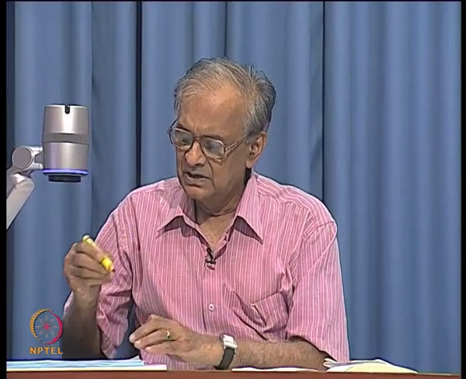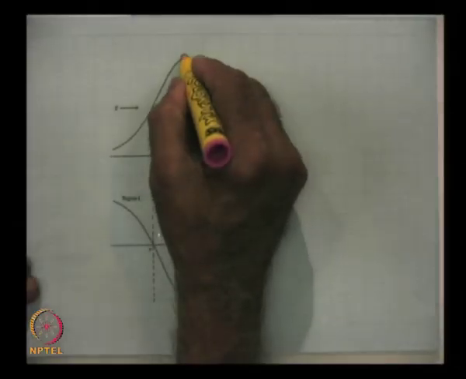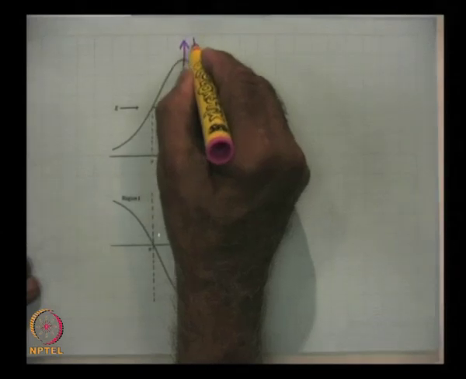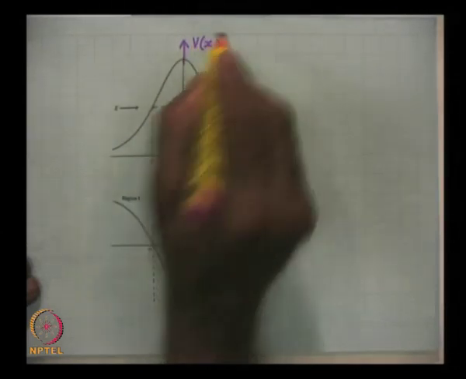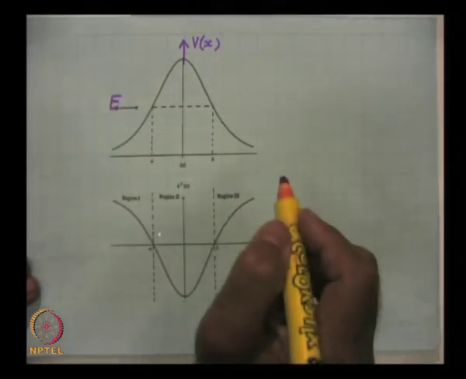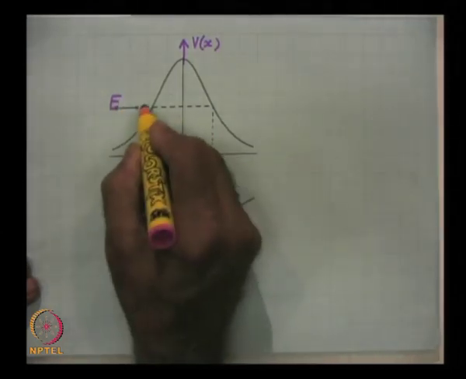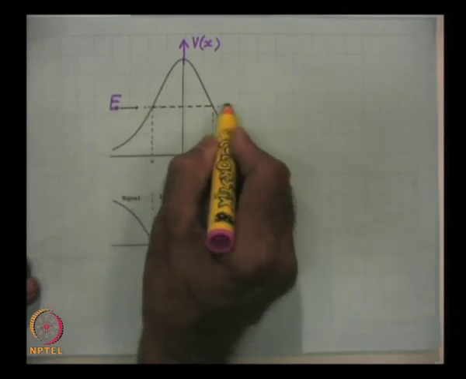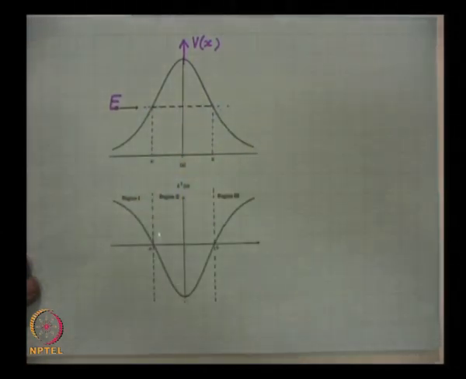we had considered a potential energy variation which was something like this. So, this is the V of x, a particle of energy E of mass mu is incident, and this is the energy level, and there were two turning points.